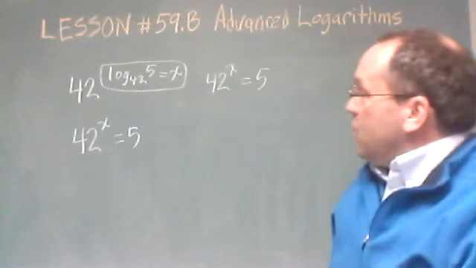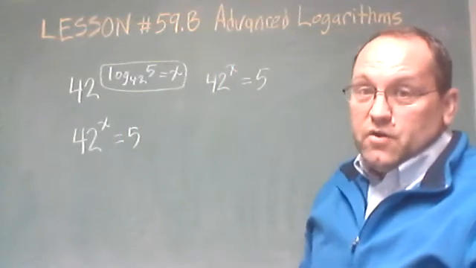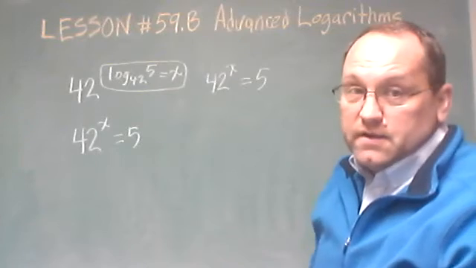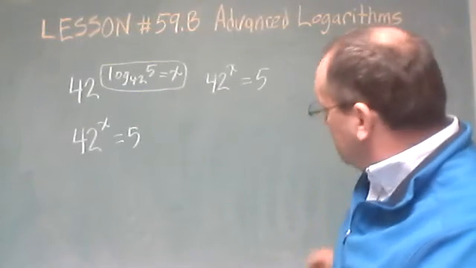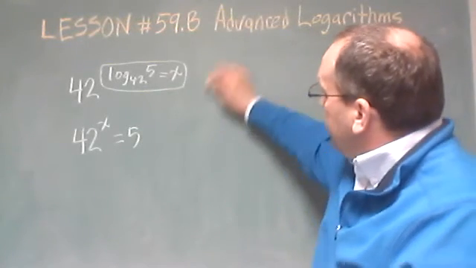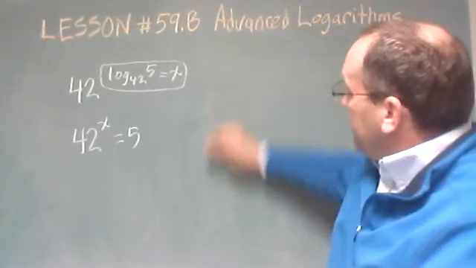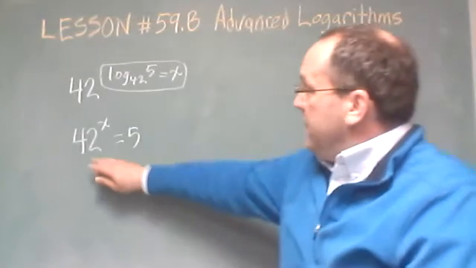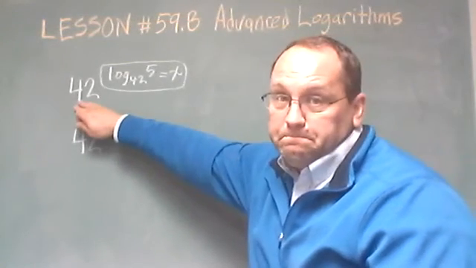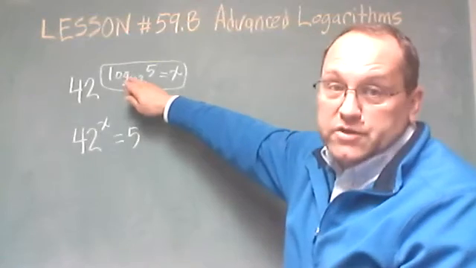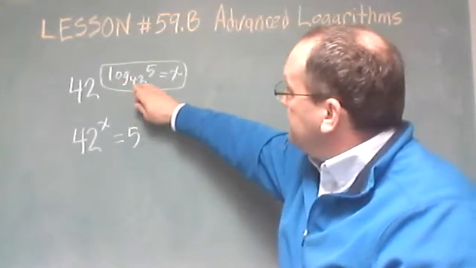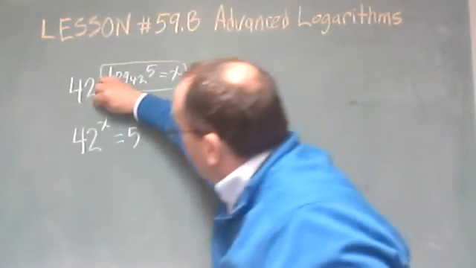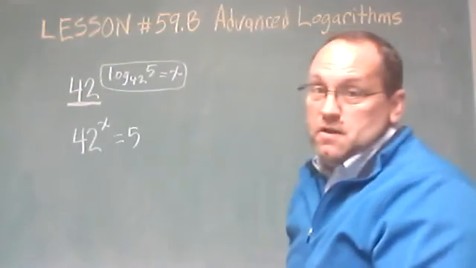Okay? So it's interesting to note. It's a play on words. It's a play on logarithmic expressions, okay? So just the thing to keep in mind, anytime we have a number and a logarithmic expression in the exponent that has the same base as that number, we have the number 42 here, okay?